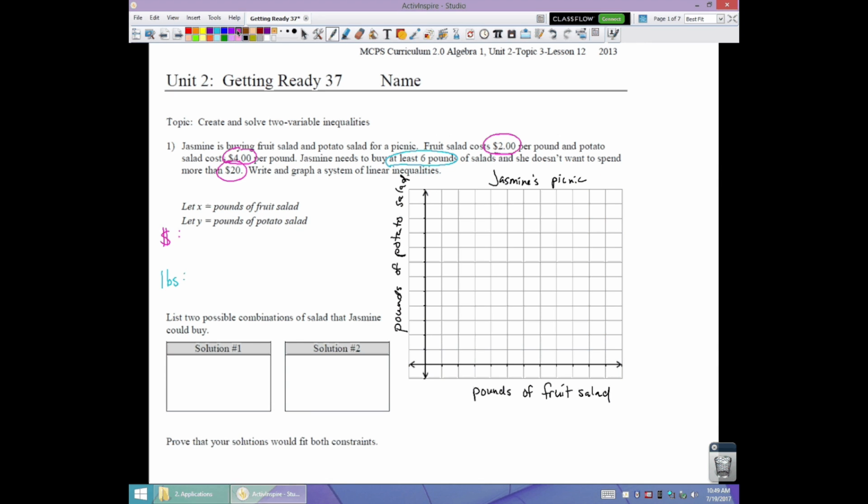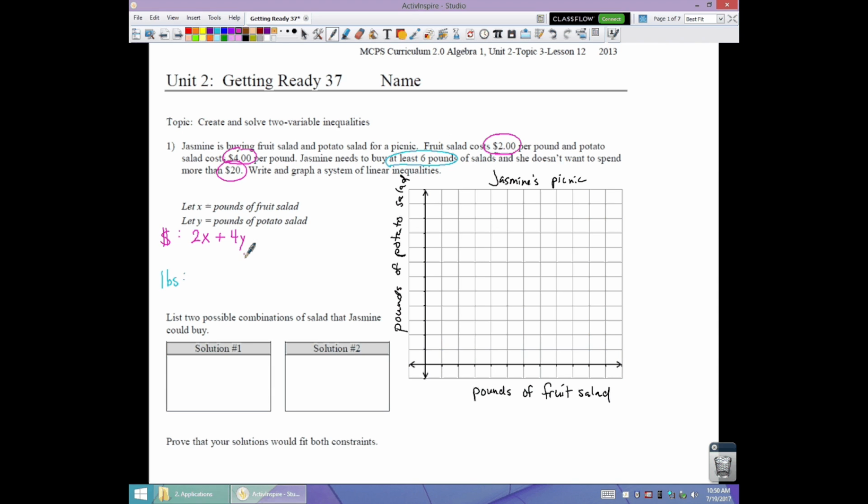All right, so what do we know about this money? Each pound of fruit salad costs $2, and she wants to buy X pounds, so she spends 2X on fruit salad. She's also going to spend money on potato salad. Potato salad's $4 a pound, so we add on 4Y.